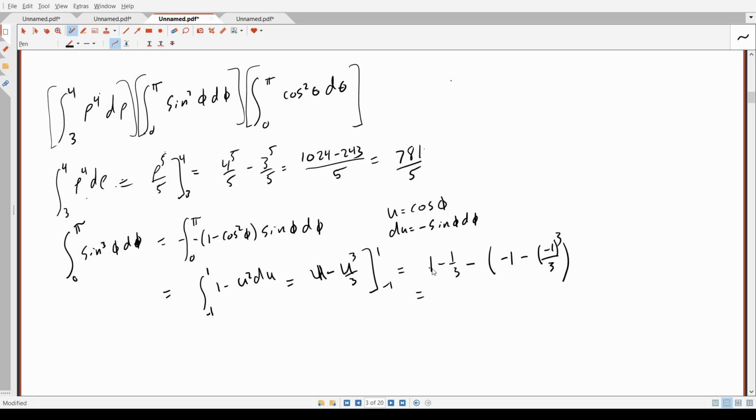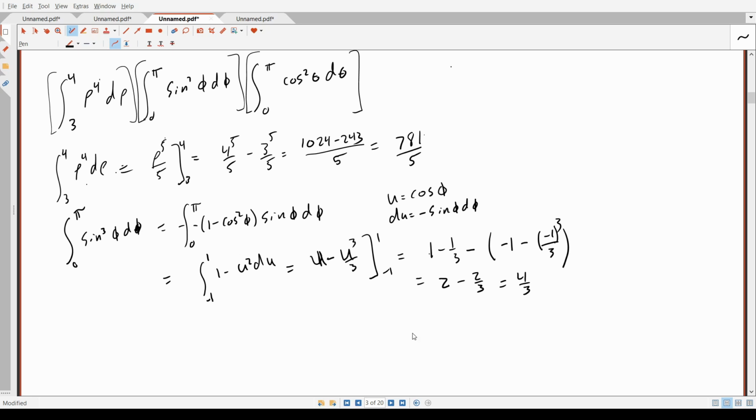So this is, let's see, 1 minus negative 1, that's plus, that's 2. And then this is going to be minus 1/3, minus minus, that's positive 1/3. So that's minus 2/3. So it's going to be 4/3. Right, that's 6 minus 2, yeah, 4/3.